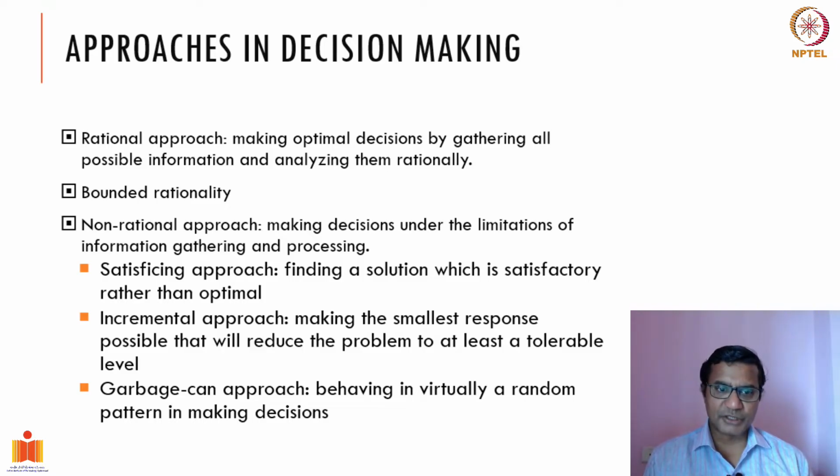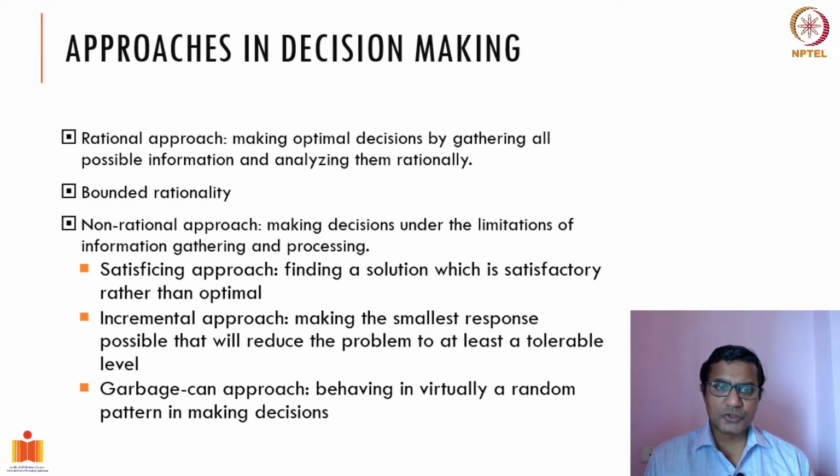So this is the rational approach in very simple terms. Organizations use many methods to collect information, to analyze information, to collate information. In fact, there is a separate field in management called decision sciences, where scientific or very systematic methods are used to make decisions by collecting different information and analyzing it scientifically.